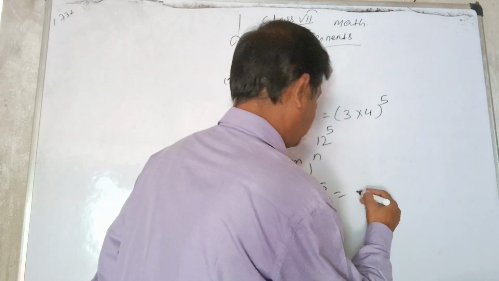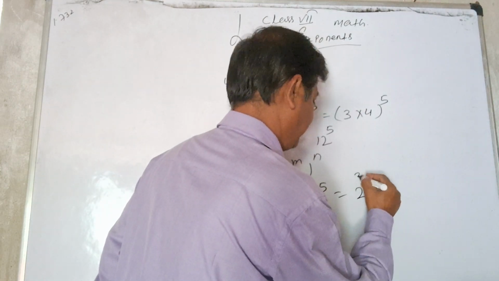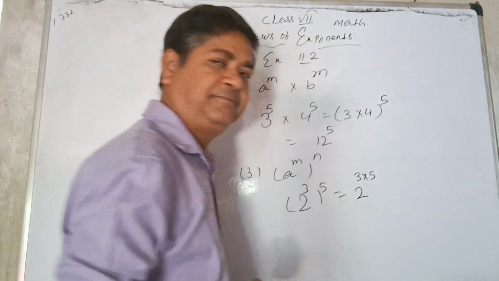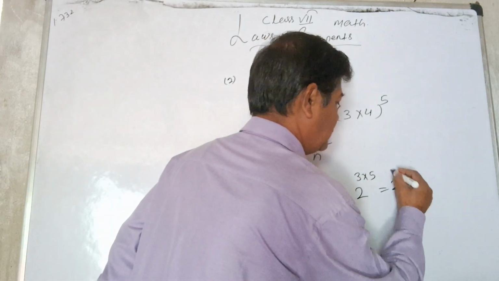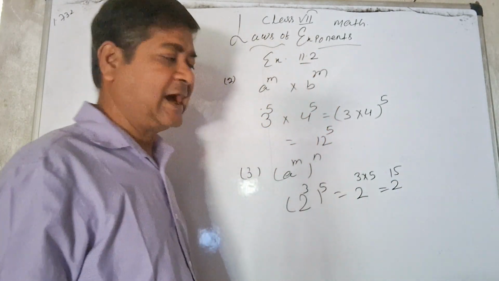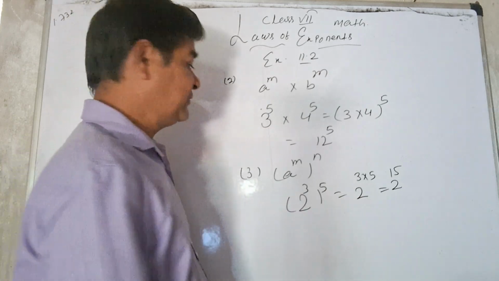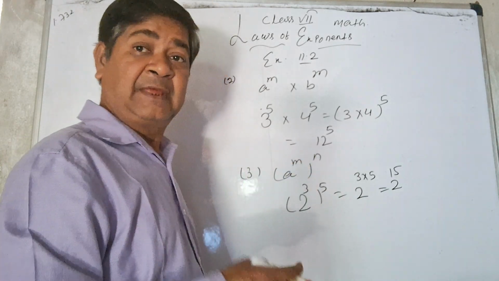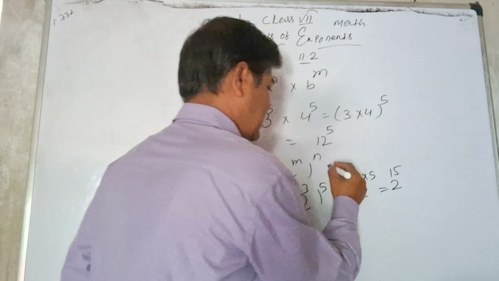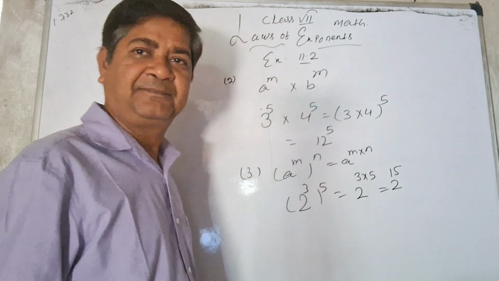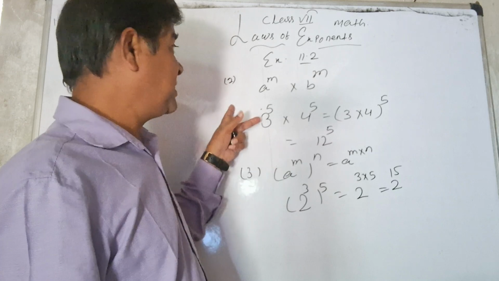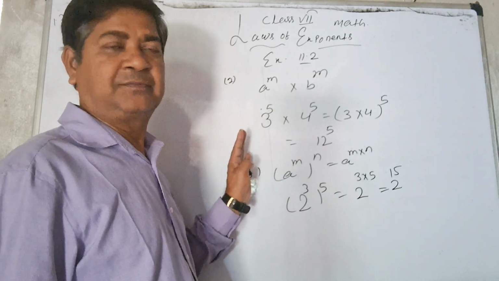We will multiply the two exponents, the two powers. 2 to the power 3 into 5, the answer will be 2 to the power 15. Just like a to the power m, whole power n, the answer will be a to the power m into n. In this way, for multiplication there are three rules.